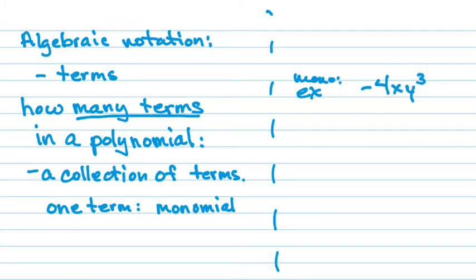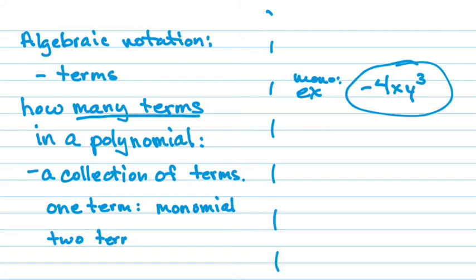Notice there's only one sign there, isn't there? So that means it's all one term. All of those pieces of it are all connected with multiplication, not with addition or subtraction. Do you agree? Because they're all just stacked together, right?